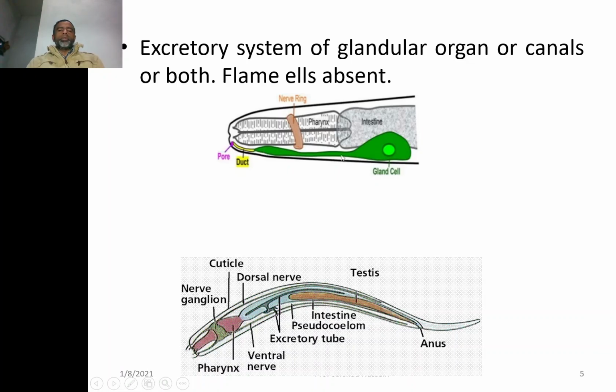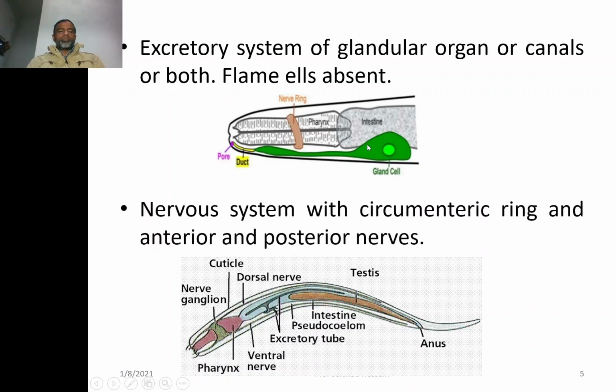The duct is communicating the gland cell with the pore. Sometimes only a canal is present, no gland cell is present in them. They don't have the flame cells in them. Platyhelminthes had the flame cells, so these have the gland cells.